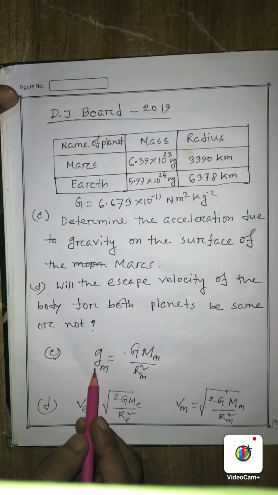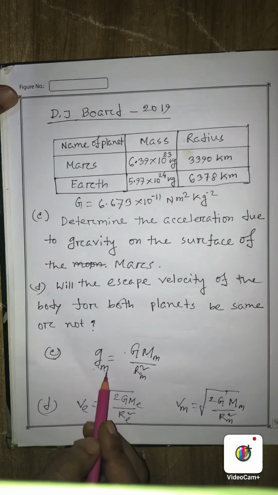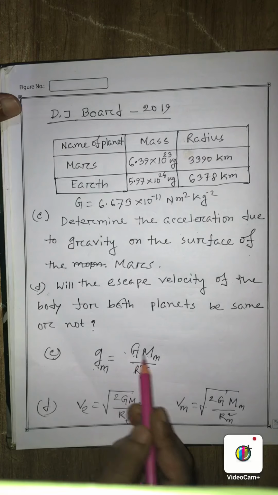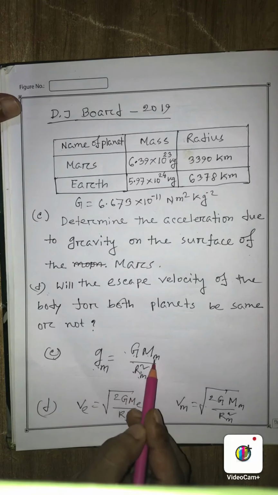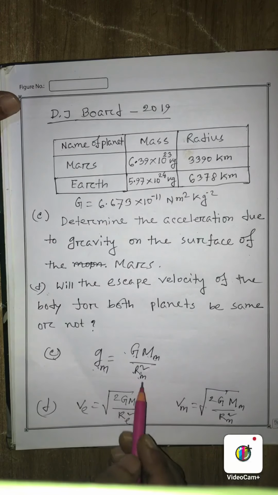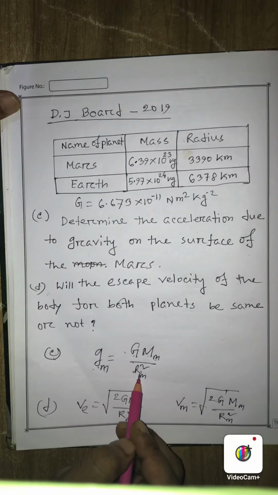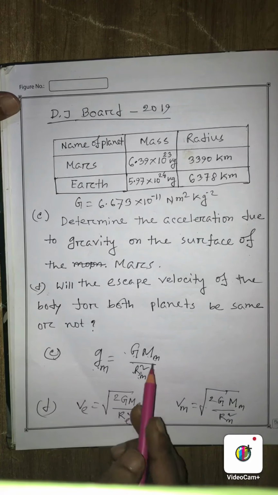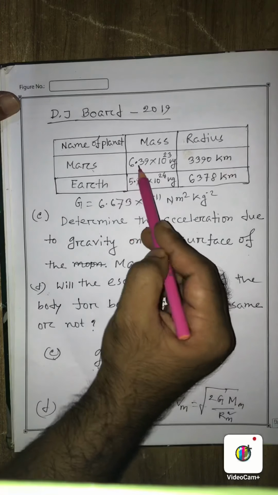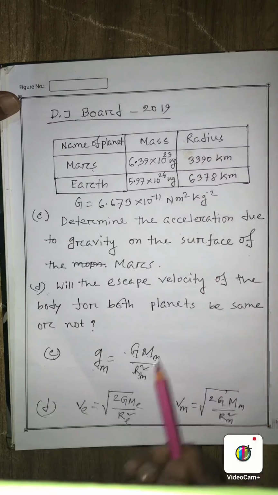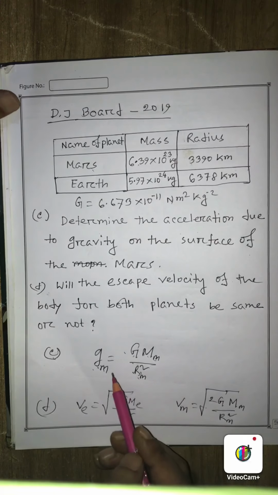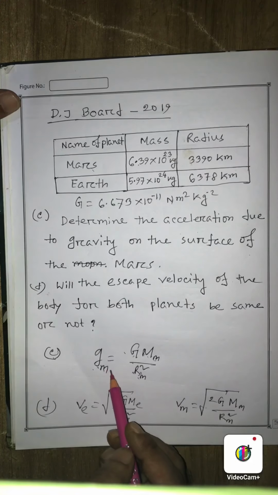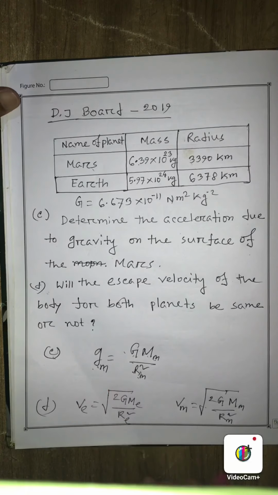We know that the gravitational acceleration at the surface of Mars is g_m equals capital G capital M_m divided by R_m square. Here M_m is the mass of the planet Mars and R_m is the radius of the planet Mars. Putting the values of the mass and radius of Mars, we get the gravitational acceleration on the surface of Mars using this formula.